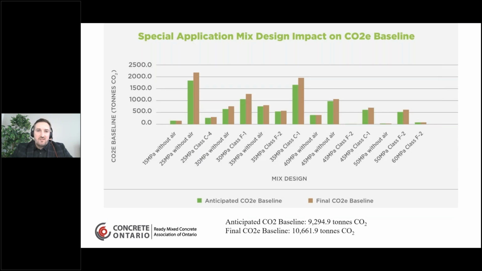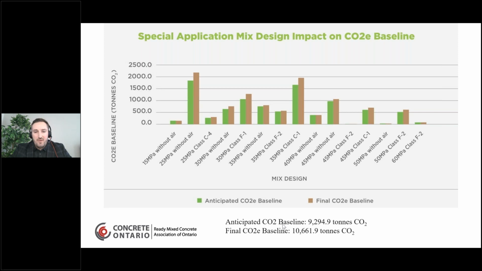Now for this project, you can see what kind of impact the special application mix designs actually had on the CO2e baseline. So all these green bars here, those were the anticipated CO2 baselines based on anticipated volumes. And then as you actually factor in your special applications, all those accelerated mixes and high performance mixes, you can see that a lot of those values changed over the course of the project.